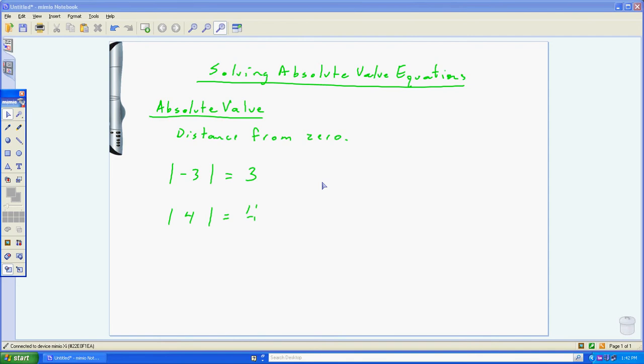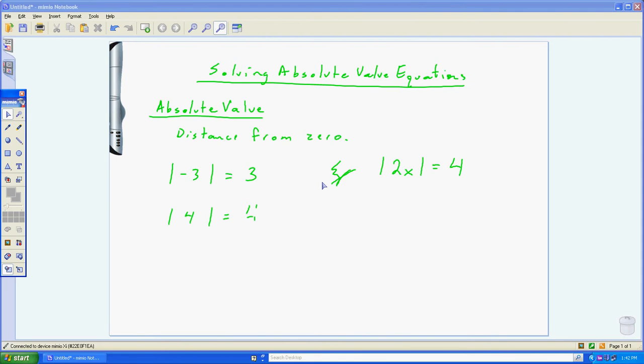Okay, so let's just do an equation one. What if I said the absolute value of 2x is equal to 4? And we're solving for x, like we're solving absolute value equations.